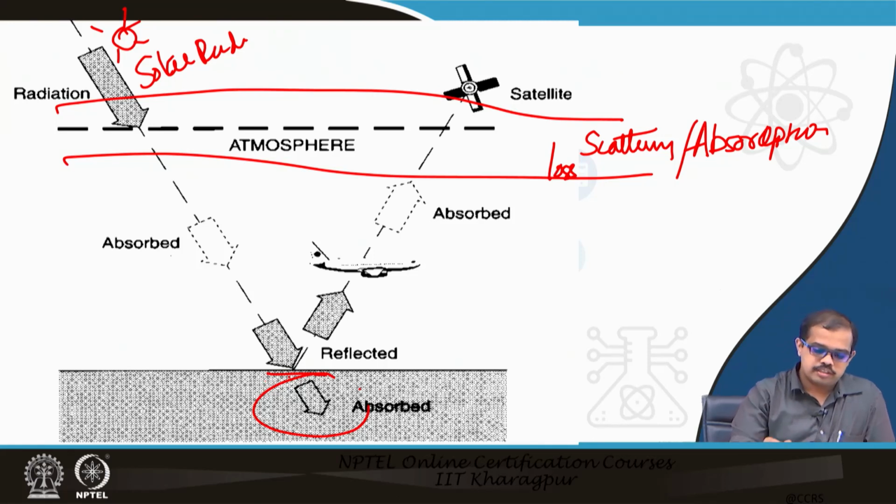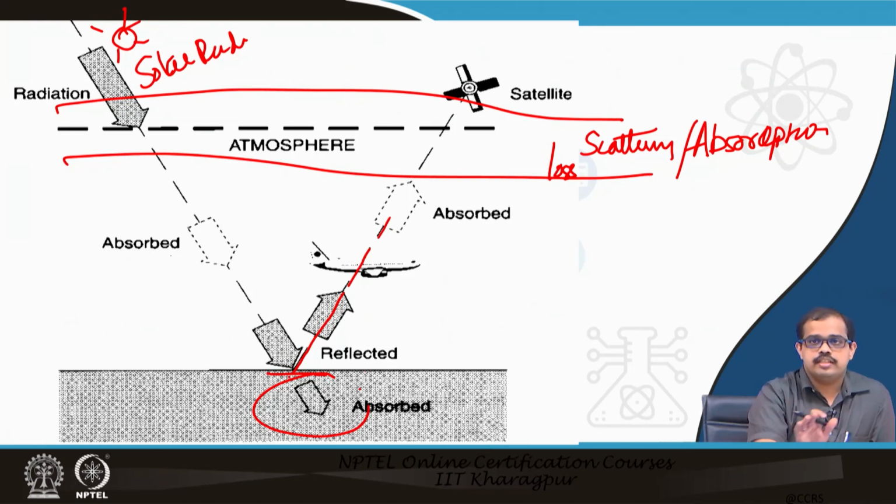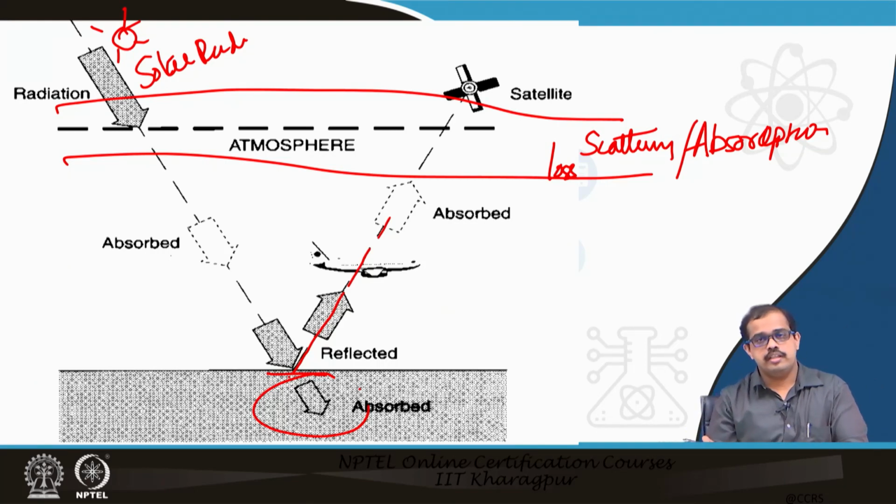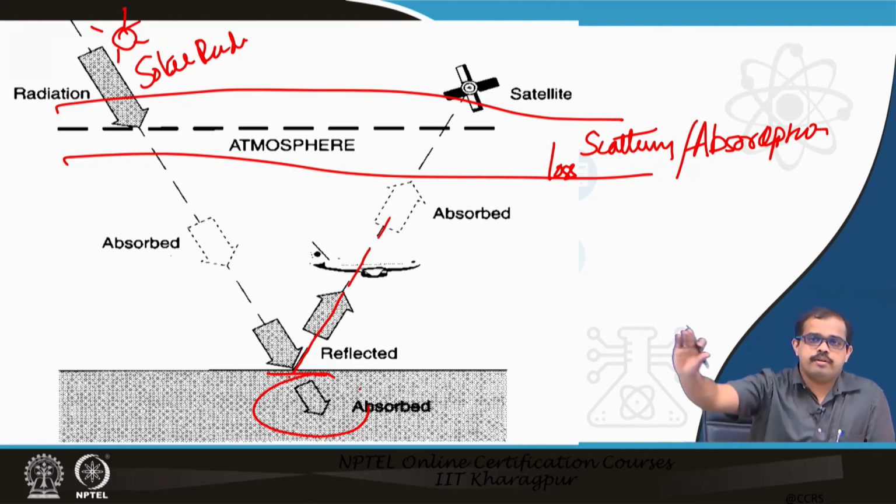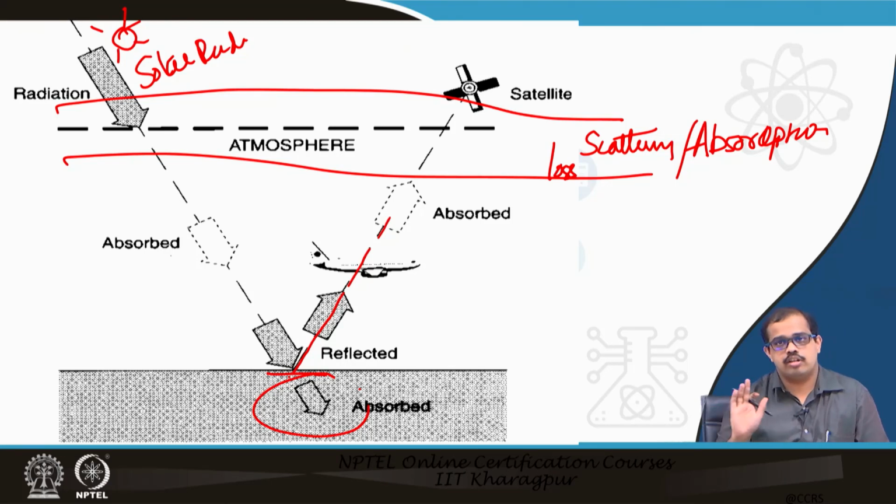The reflected energy is again transmitted through the atmosphere, where again you have atmospheric interference and certain loss. So you have three kinds of losses: energy absorbed at the surface, energy scattered or absorbed in the atmosphere, and again, while going back, energy scattered or absorbed in the atmosphere.